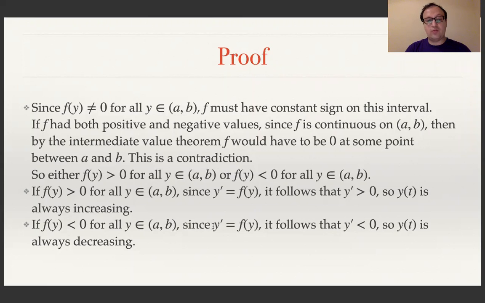So this means that y prime is always less than 0, so y of t is always decreasing. You are not required to know the proof of this theorem for the exam, but this is the reason why phase diagrams work in one dimension in the manner in which we use them.